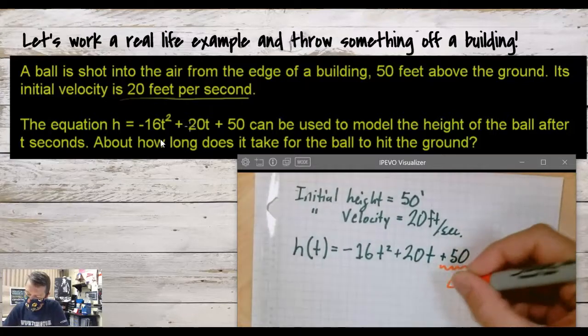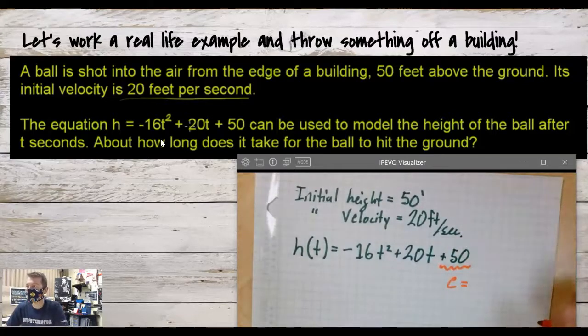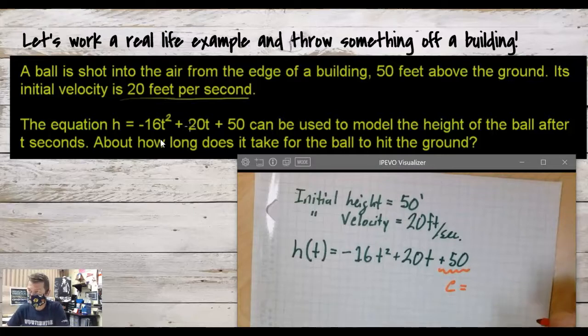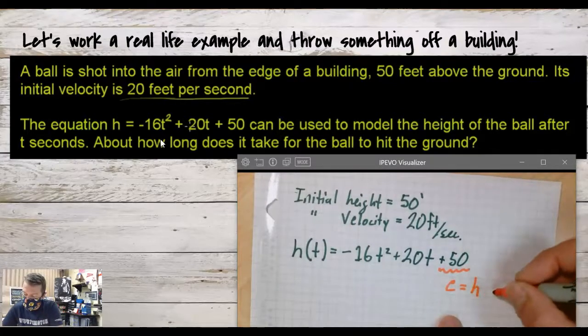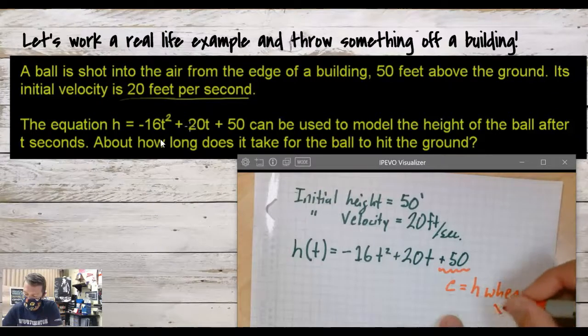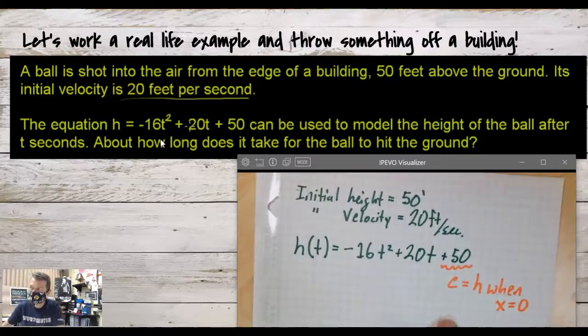What is our C now? Don't just say 50, please. What does C represent in the context of this situation? Initial height, right? So, hold on, wait, that's height. So h, right, if it's initial, it's when x is 0, right?